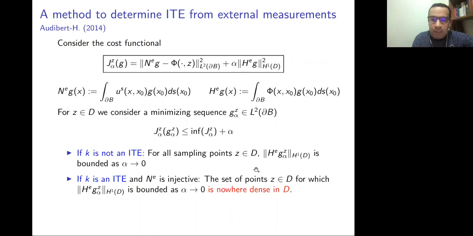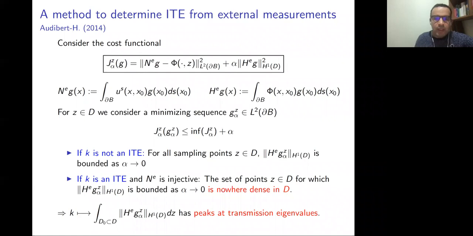Then we have the converse of this statement, in the sense that the set of points z for which this quantity remains bounded is nowhere dense. So this will explode almost surely. And so numerically, you can identify these special frequencies.